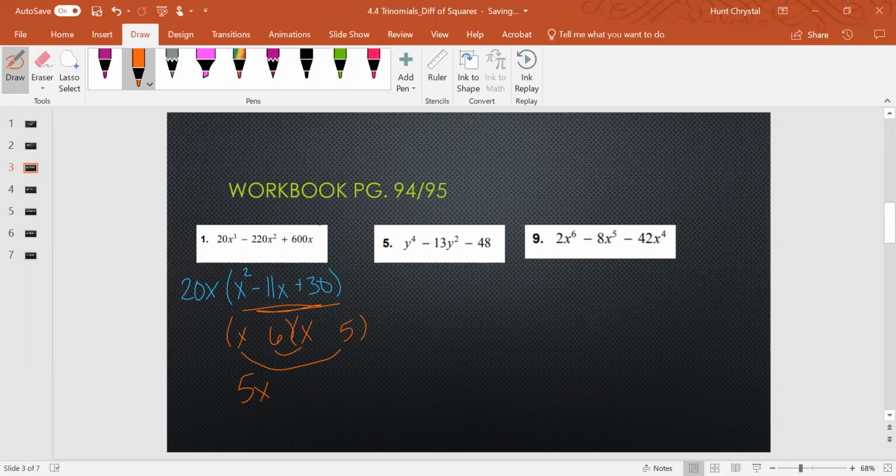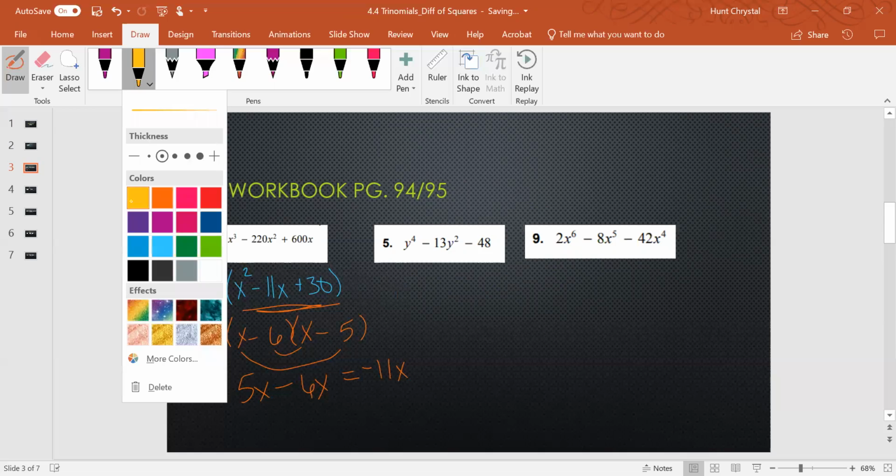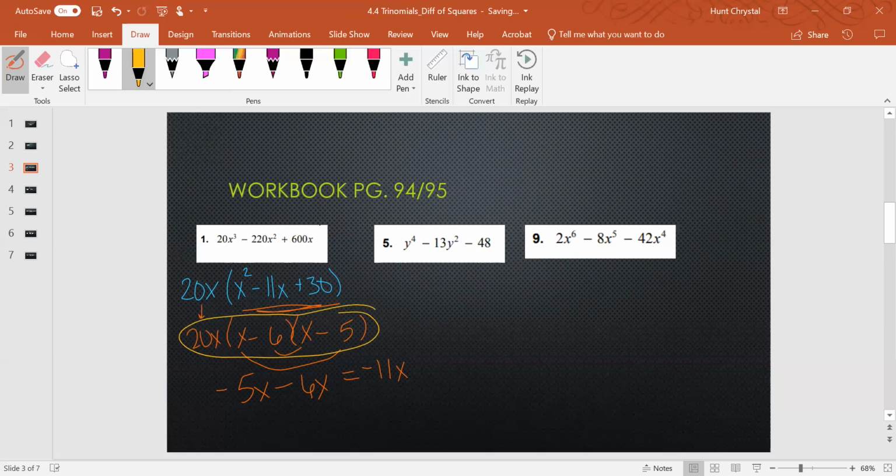If I take x times 5, I get 5x and 6x for the inside. And then I want to figure out what I need to do to get negative 11x. And in order to do that, both of these would have to be negative. So I'm going to make my 5 negative and my 6 negative, and then I'm going to pop down this 20x here, because that is actually the full complete answer there.